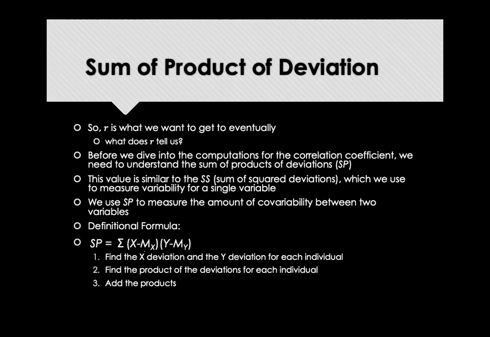Sum of products, because you multiply this deviation and this deviation, so your x deviation and your y deviation get multiplied, so that's a product, and then you add those all up. So it's the sum of products of deviations. Breaking it down, you find the x deviation and the y deviation for each individual, find the product of the deviations for each individual, and then add all of those products up.